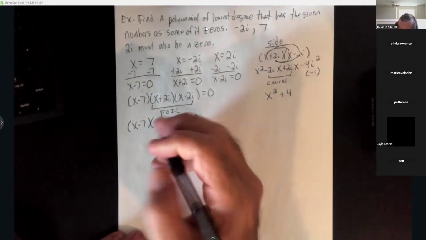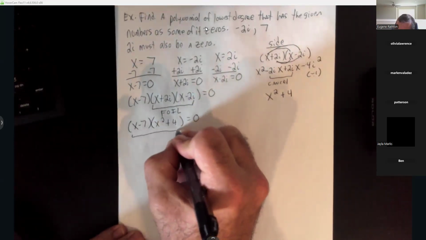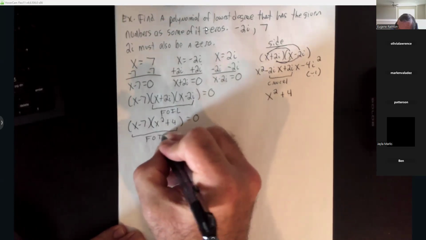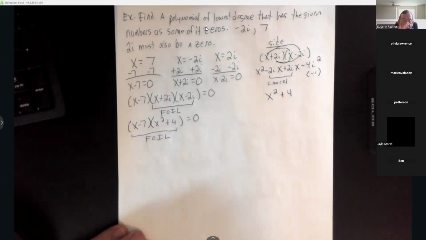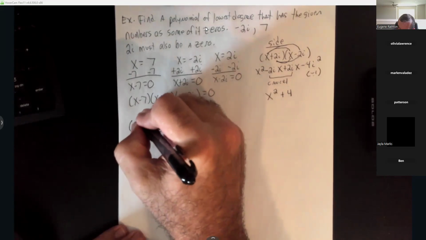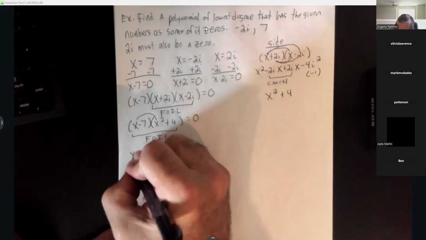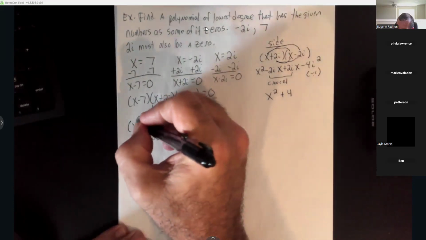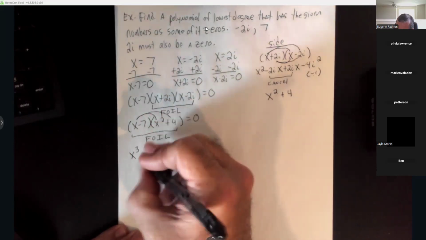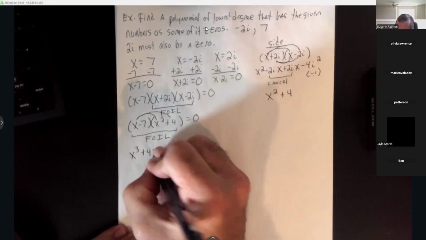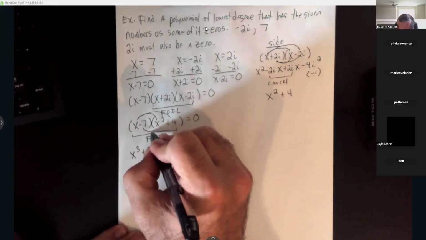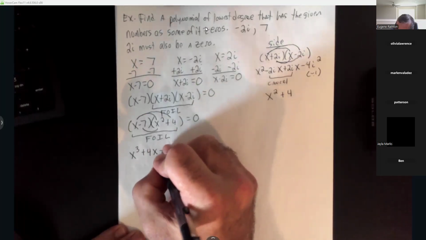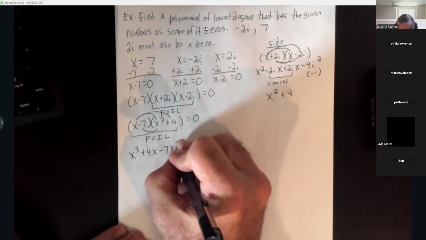All right, so 2 things times 2. I'm going to FOIL that and be done. X times x squared is an x cubed. X times 4 is a 4x. Negative 7 times x squared is a negative 7x squared.